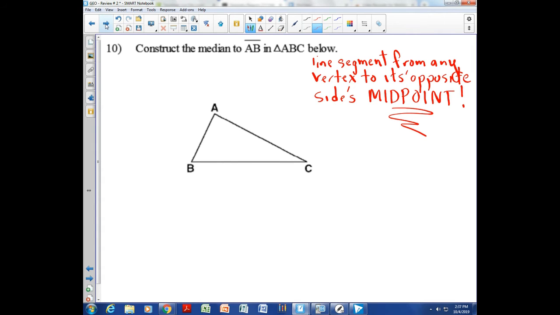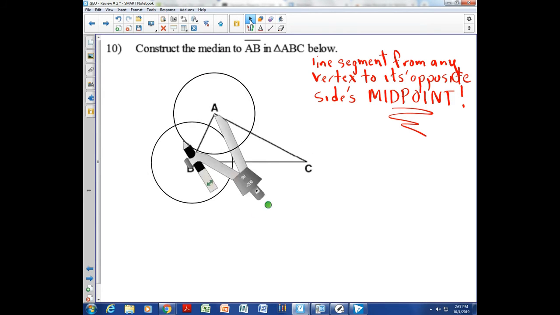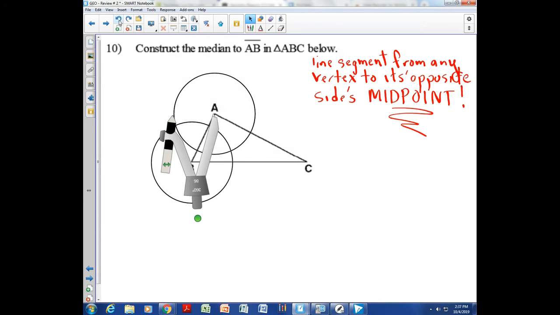Well, to find the midpoint is the same thing as bisecting. It's the same thing as finding the perpendicular bisector. It's circle A and circle B. However, when you are doing circle A and circle B, you need to make sure that you open to more than halfway. That looks more than halfway. So I'm going to do circle B. I'm going to make the same exact size circle at A, circle A. Oh, no, I didn't just do that.